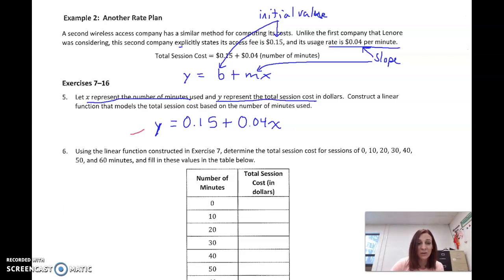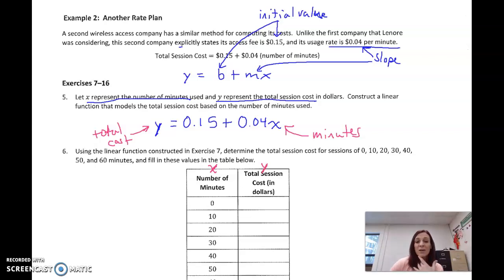So this y here, that is our total cost. And this x right here, that is our minutes. So when I do a table down here, the number of minutes, remember, that's our x values, our inputs, and the total cost is our y values, our outputs.